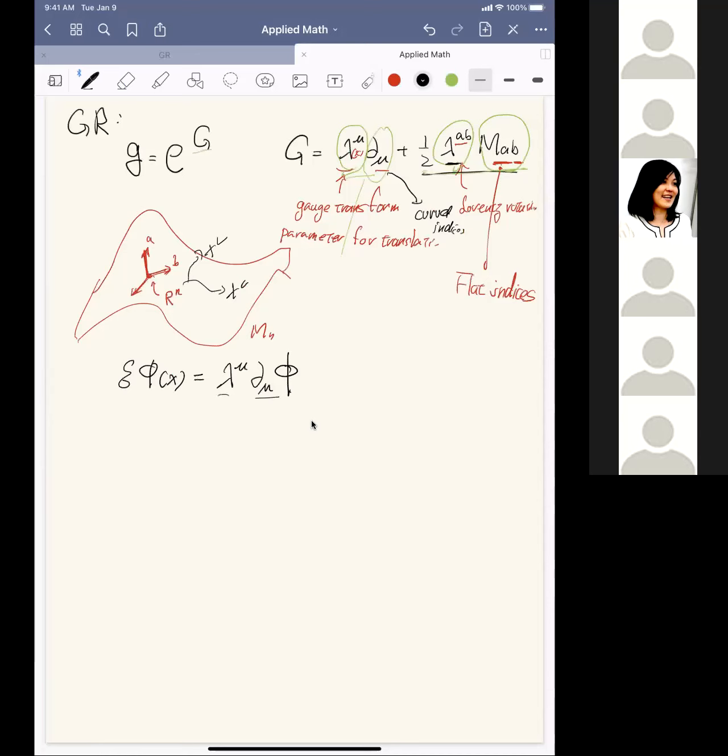Because it's a scalar, good. What is the definition of a scalar? Invariant. Exactly, it's invariant under Lorentz transformation, right? But it's not invariant under translation, because a scalar field is a function of x. So under a shift of x, the scalar field will still transform.